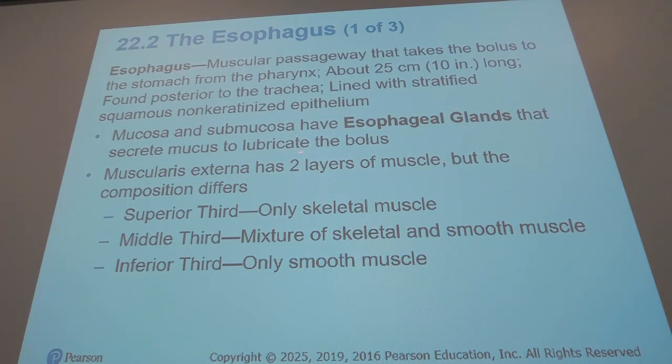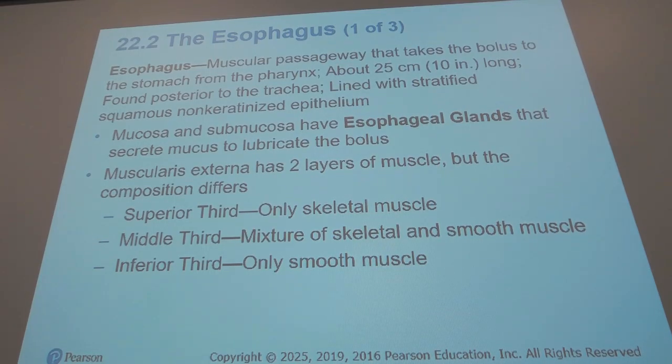The next layer is going to be the mucosa and the submucosa, where you have esophageal glands that secrete mucus. Mucus, as in any other part of the mucosa, is secreted to the surface of the mucosa to allow the lubrication and the passage, in this case, of food without damaging the most internal layers of the esophagus.